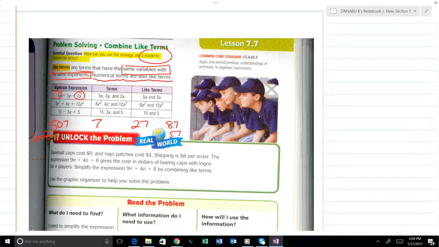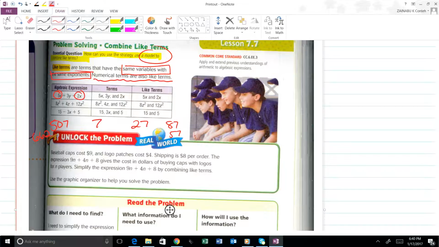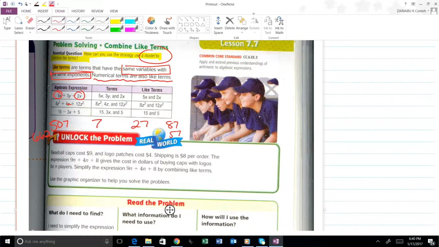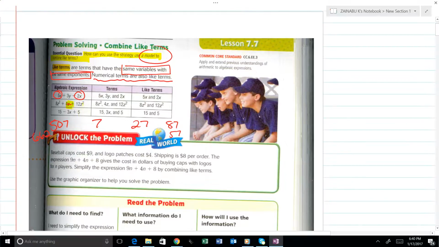Well, which one of these things is not like the other? Well, that's actually going to be the 4z. It's not like the other terms. And that's because, very simply, it doesn't have the exponent 2 there. So those are big key components in this lesson.